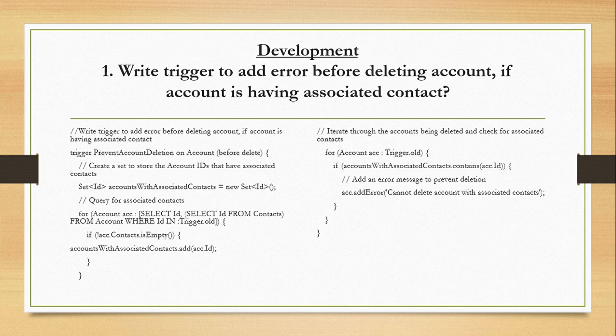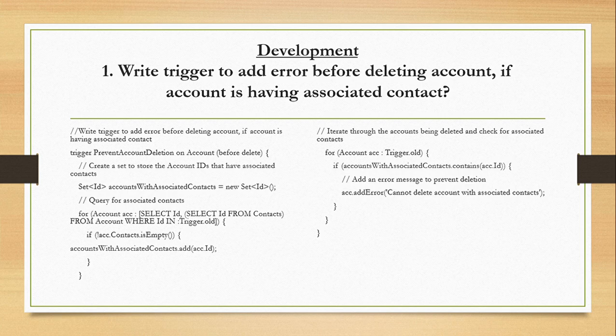So, write a trigger to add an error before deleting an account if the account has an associated contact. Here is the code for adding an error if an account has associated contacts. If you want to delete an account, this trigger will work.